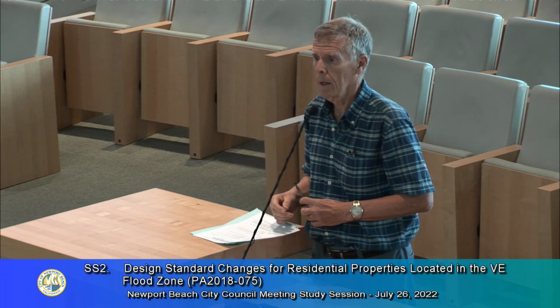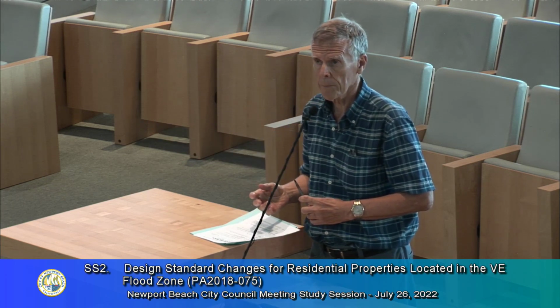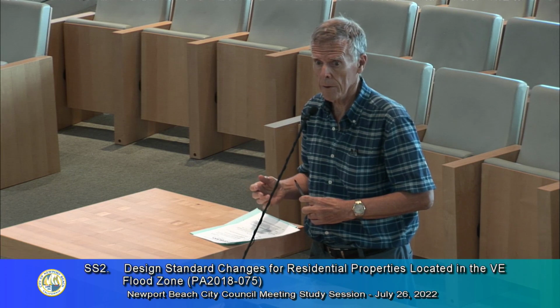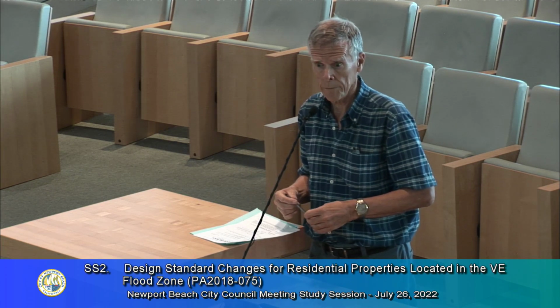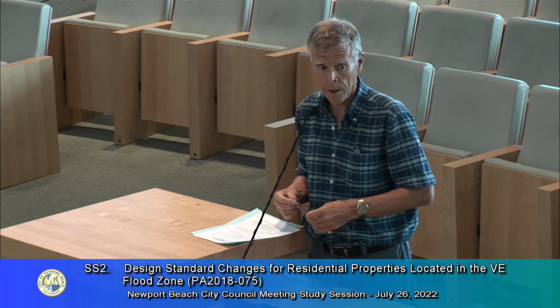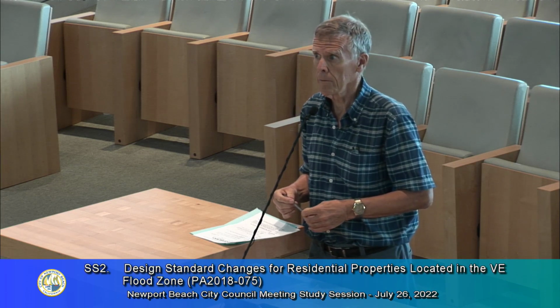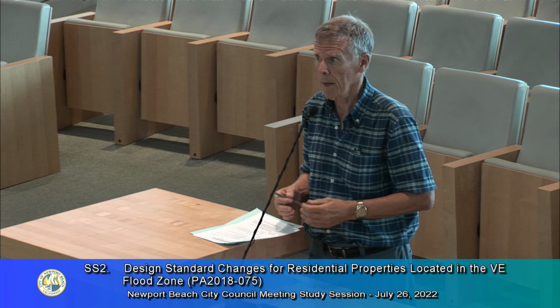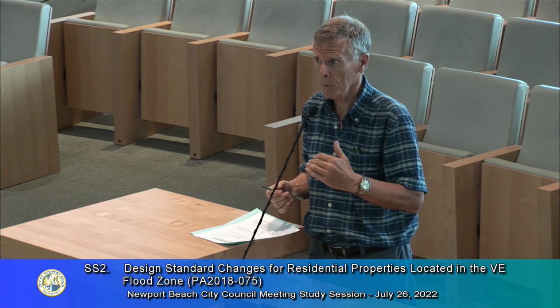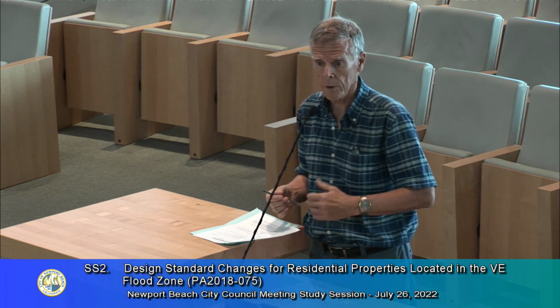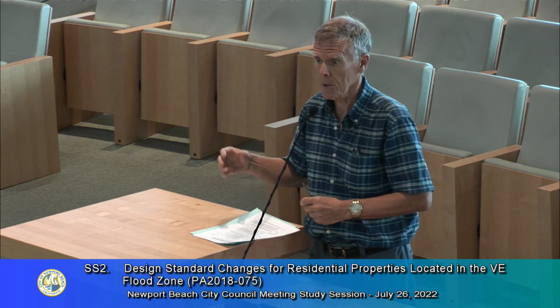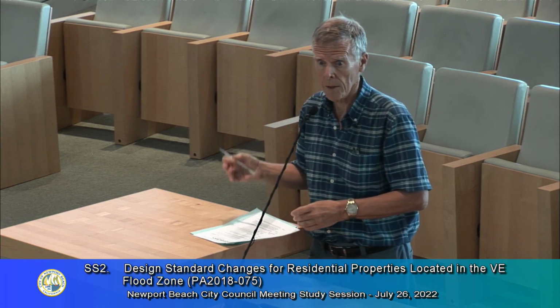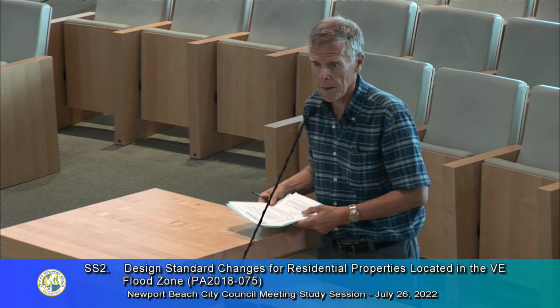I'm just curious, are there other cities and other states perhaps where FEMA requires more than one row of houses to be built on stilts? And if they ever do that, do we have an estimate of how many feet of sea level rise we would have to encounter before a wider area needed the increased elevation? So those are my comments. Thank you.